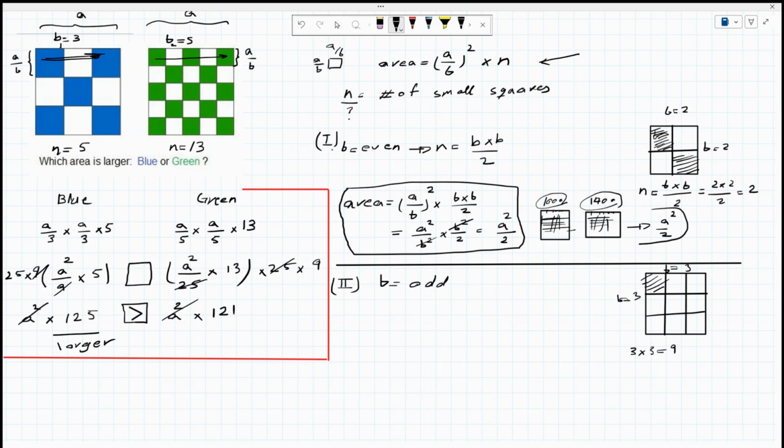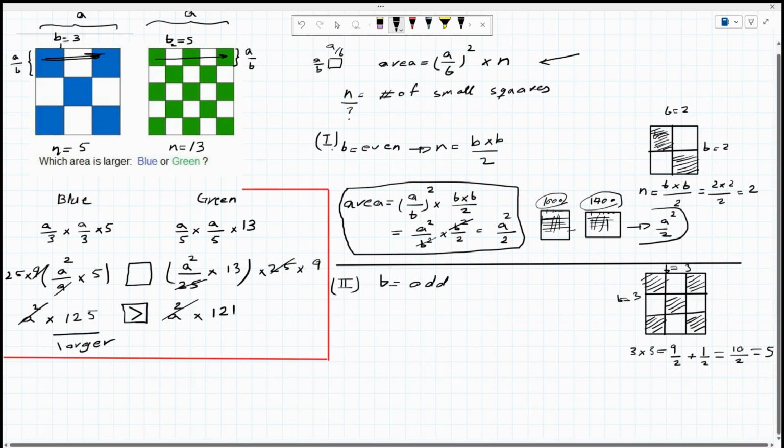But once I look at the colored squares, I only have 5 colored squares, which is, if I want to get 5 from 9, I have to divide 9 by 2 and add 1 over half. So this gives me 10 over 2, which is 5.